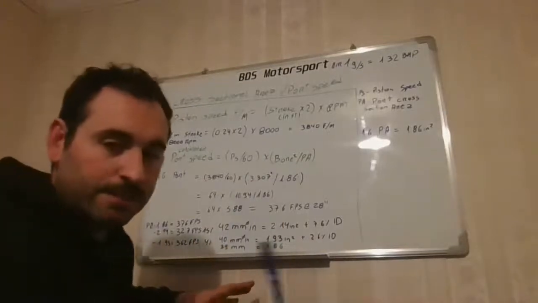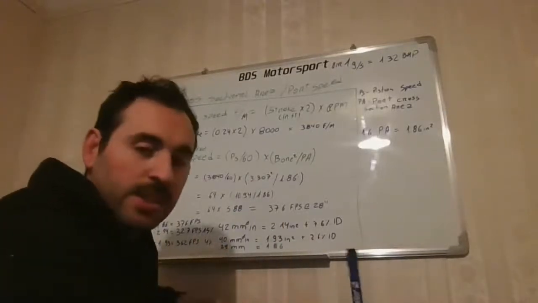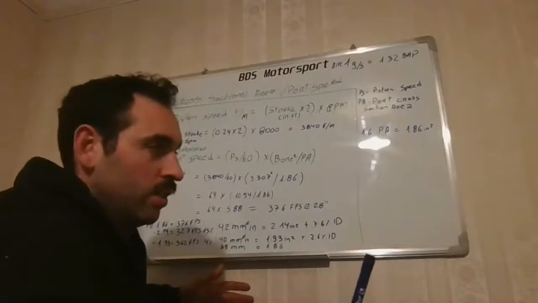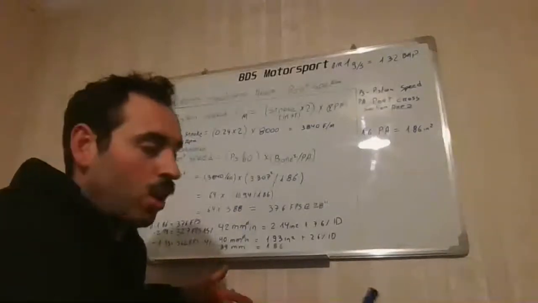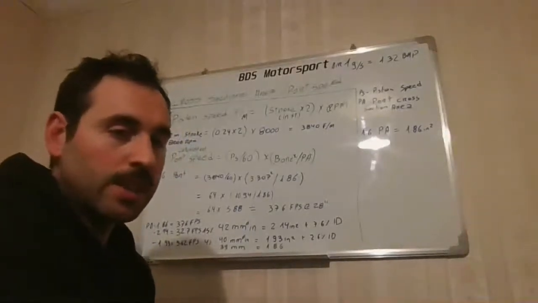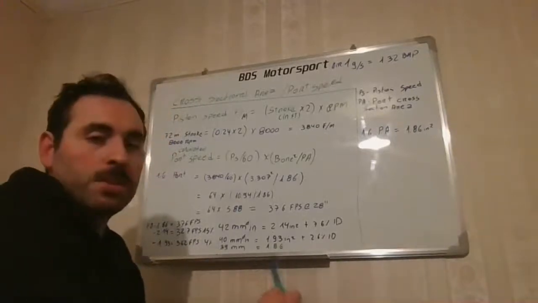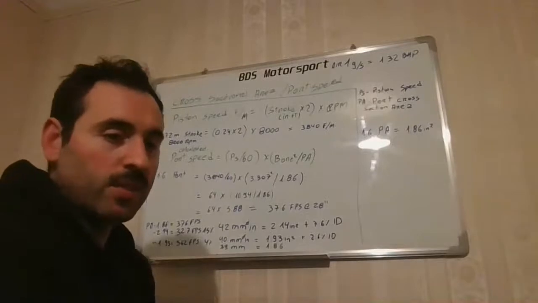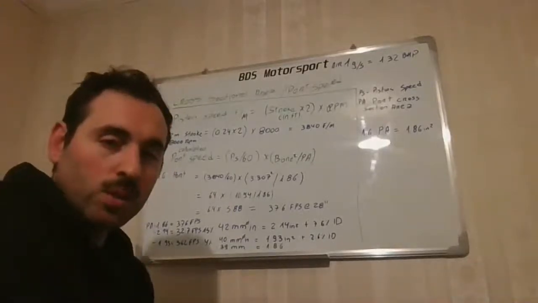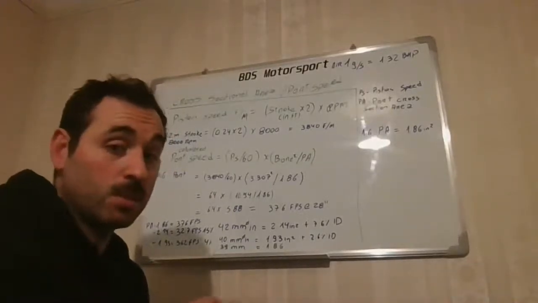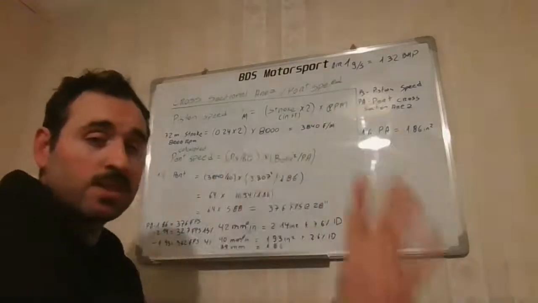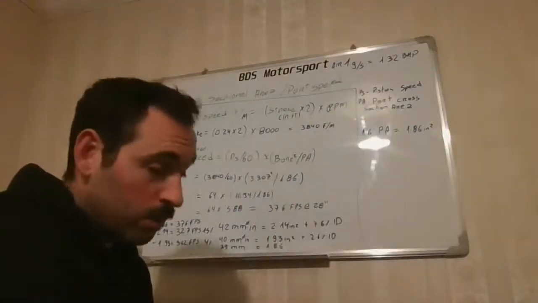Now the thing is, this is where, like I mentioned earlier on the video, this is important for you to know how much something flows. Because if you have a power target that is higher than what the 40 mil can do in terms of CFM, you definitely need to go 42, but it only means your power is going to be quite at the top, but then it will make the power you want.